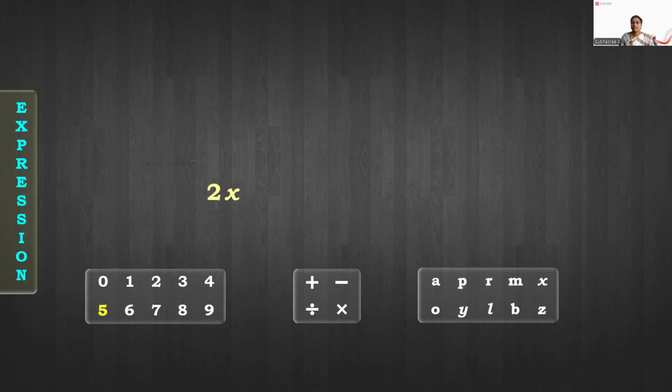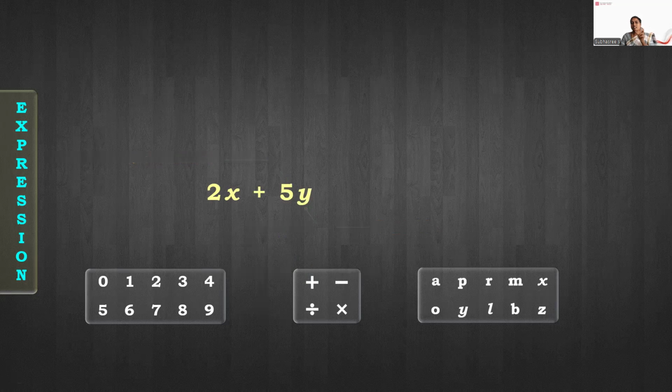Next, we take a number 5 with y, 5y, a different variable. Here also, what is the coefficient? It is 5. What is y? y is called a variable. Next, if you insert a plus sign, you get 2x plus 5y.